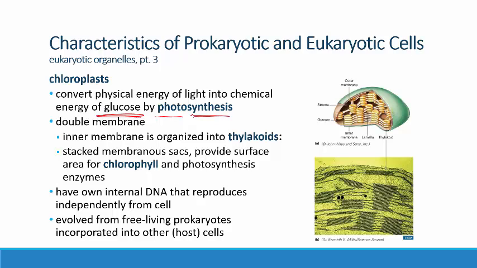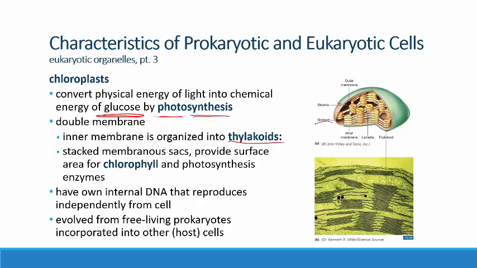The inner membrane is organized into these little pouches called thylakoids. So thylakoids, and they are stacked. These sacs are stacked up into these structures called grana. And the job of the membrane of the thylakoid is to provide surface area for all the enzymes that do the processes of photosynthesis.